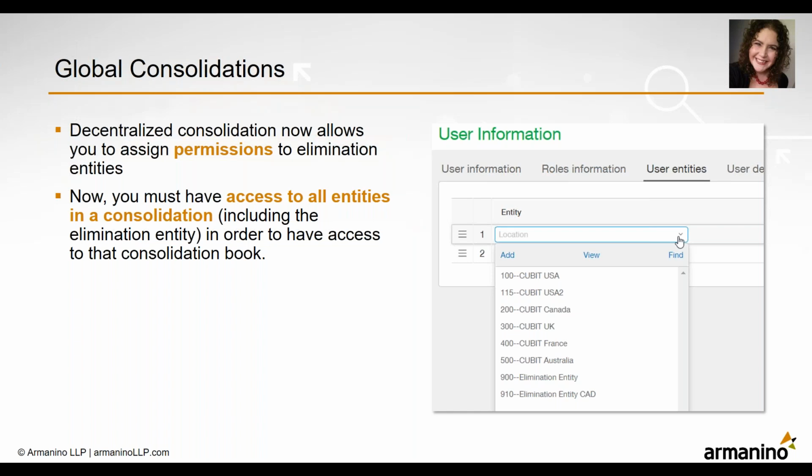So Intacct is now allowing you to do decentralized consolidations. They've always allowed you to do this, but it's been a little tricky because the only people who are allowed to do consolidations are those that have access to the top level and have absolutely no restrictions on their user profile.